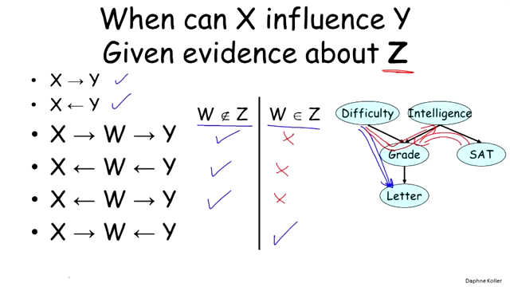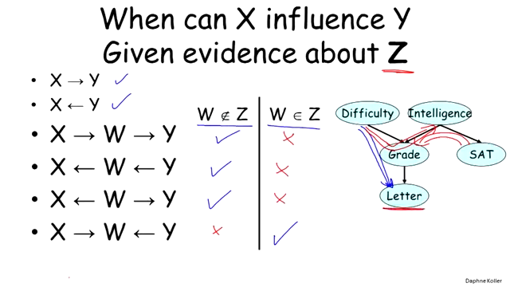Now we have one tricky thing left, which is what happens if W is not in Z. Now, the naive conclusion might be to say, well, if W is not observed, then it's exactly the same as before, and influence can't flow, so I'm tempted to put an X right over here. Except that this is not quite right, because what happens if I don't observe grade, but I actually observe letter?